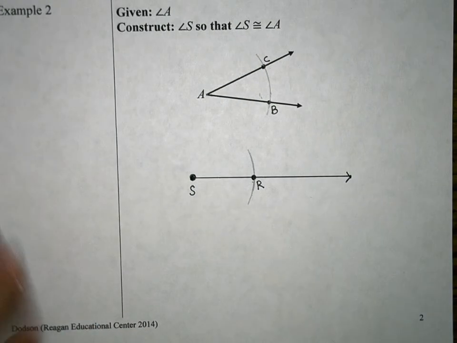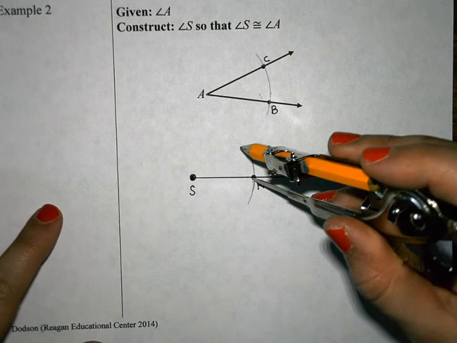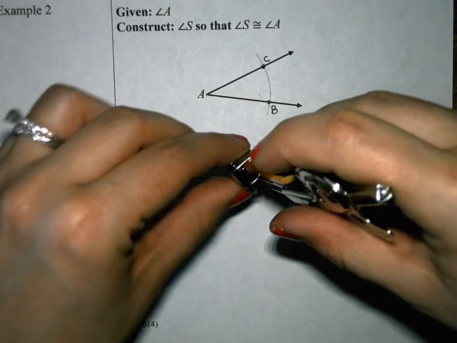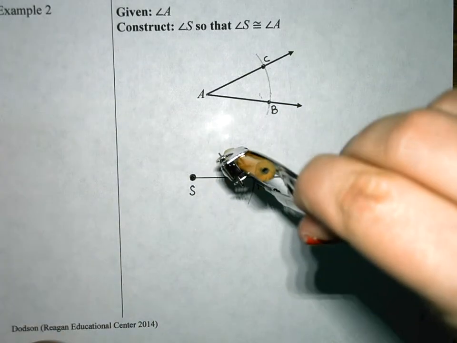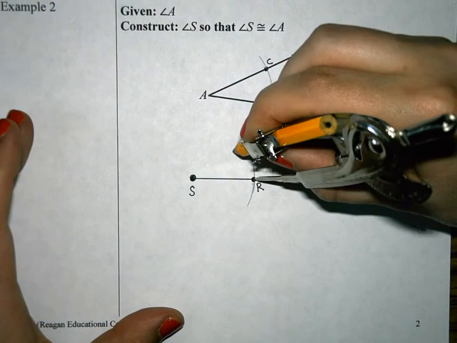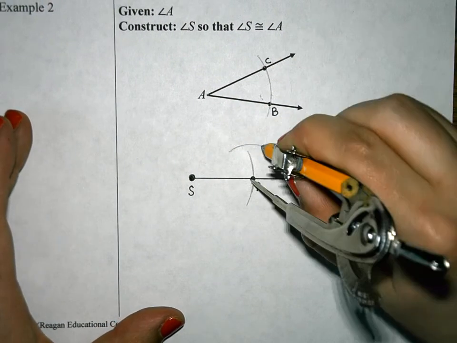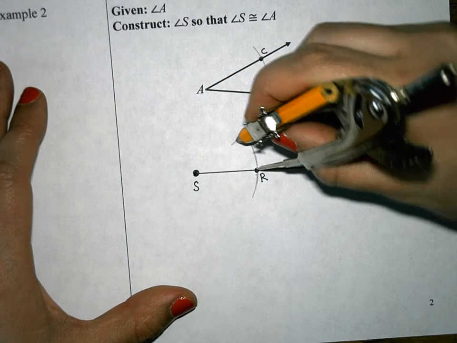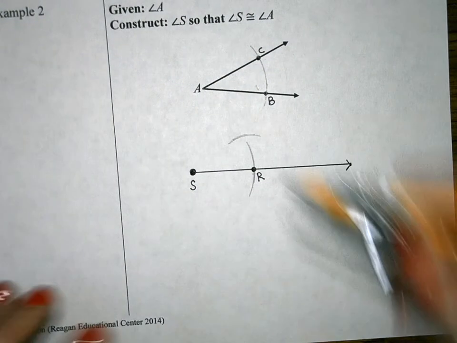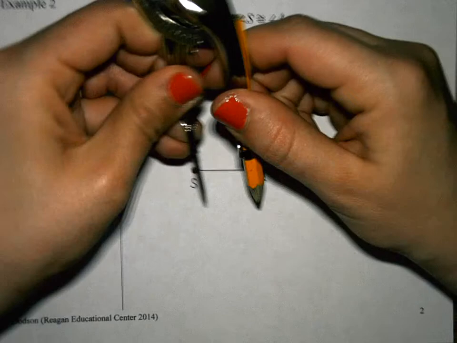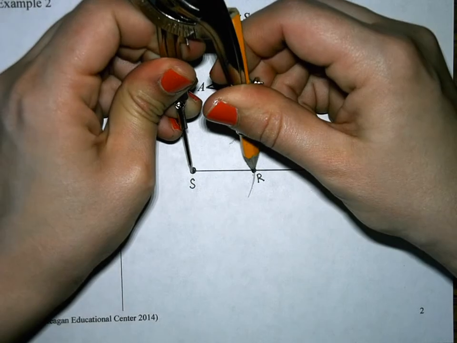And what I'm going to do is put the compass on point R and draw an arc from point R. Okay, so my arc is going like this. Now, on mine, they're supposed to intersect, so I obviously didn't make that first one big enough.